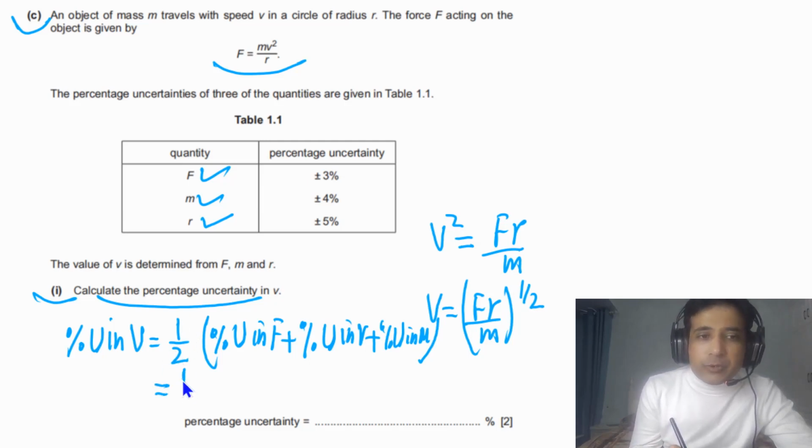Now we plug in values. The percentage uncertainty in F is given as 3%.